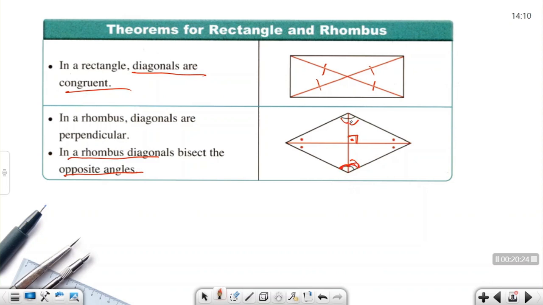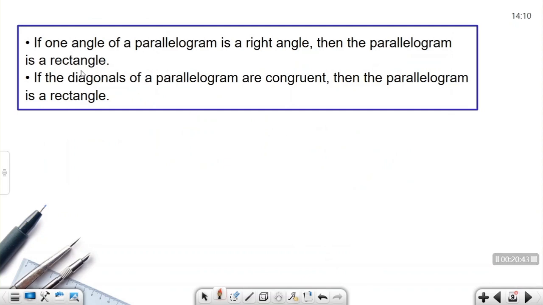If you remember, when we talk about a rhombus, opposite angles must be congruent. So that angle equals that one, and that one and that one. Same goes for these angles. Diagonals bisect each other. So these are all properties you need to know.